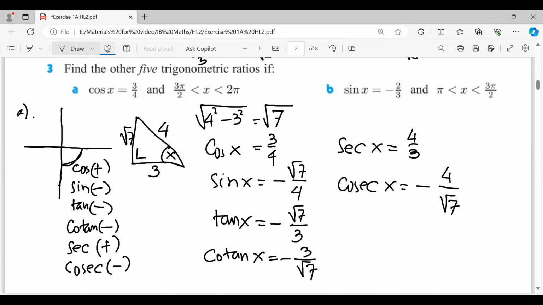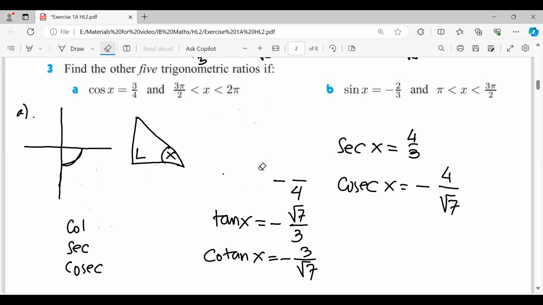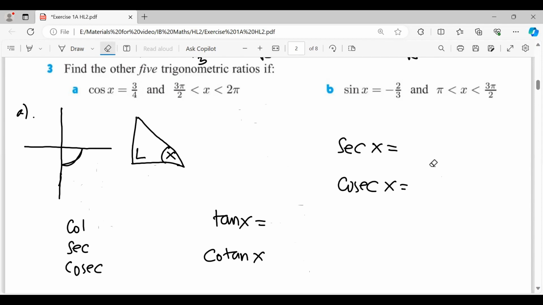Okay. I'm going to clean this area first.